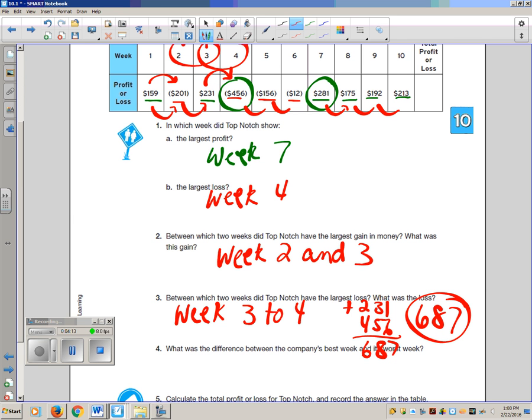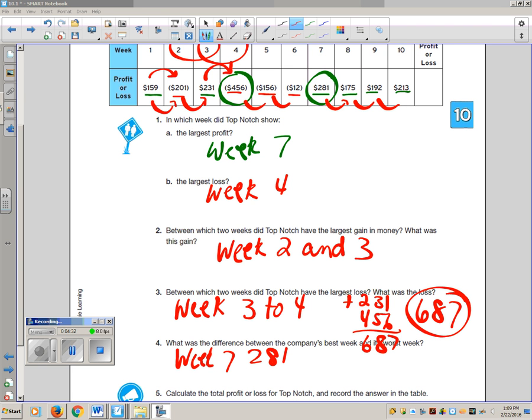Number 4, what was the difference between the company's best week and its worst week? The best week is week 7. That was $281. Week 4 was the worst week.